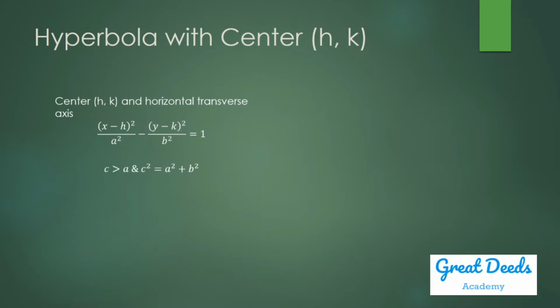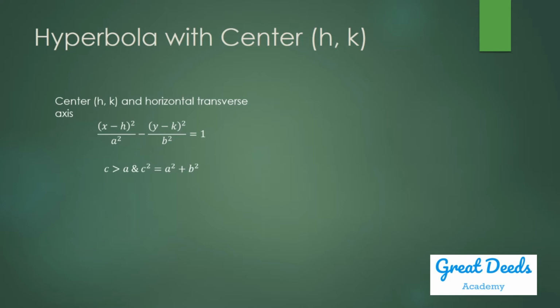So (h, k) is the center. The value of a will give us the distance of the vertices from the center. So the vertices will define to us the line segment, which is the transverse axis. c squared is equal to a squared plus b squared.